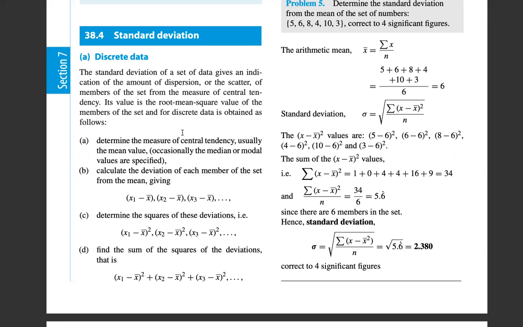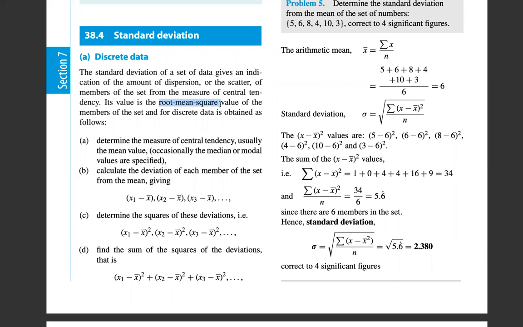Okay? The standard deviation of a set of data gives an indication of the amount of dispersion or spread, how the data is scattered. There's a similar value in engineering, the root mean square value, right? A very, very popular metric to analyze a signal, what we call RMS.